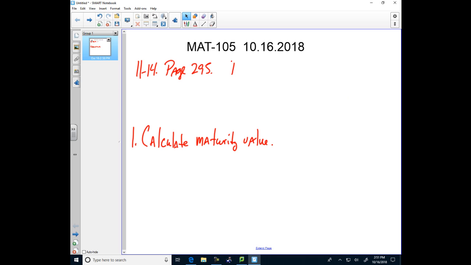So the principal of the note here was 3,000. R equals 8%. T equals 180 days.